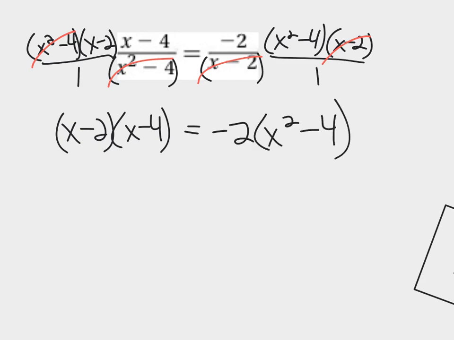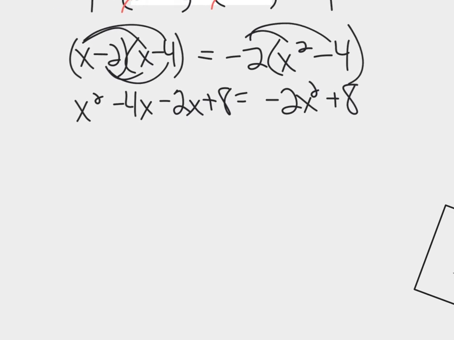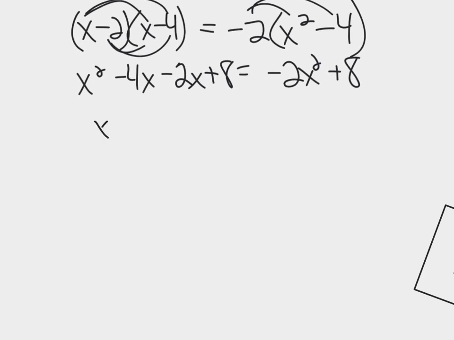And then we can FOIL this out. So the left side would be x squared minus 4x minus 2x plus 8. On the right side would be negative 2x squared plus 8. If you combine like terms on the left side would be x squared minus 6x plus 8.